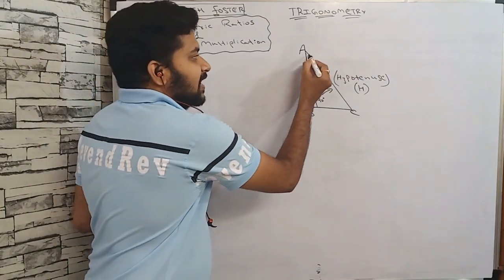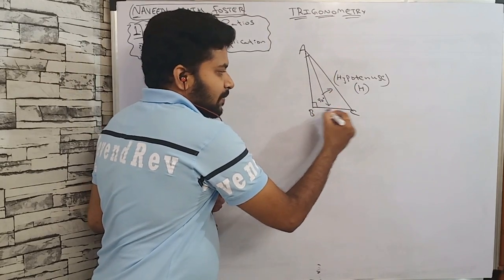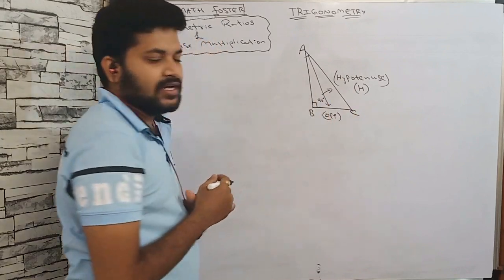If my target is angle A, its opposite side is BC. If my target is angle C, the opposite side is AB.